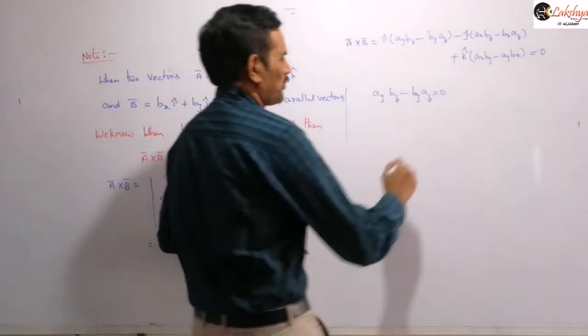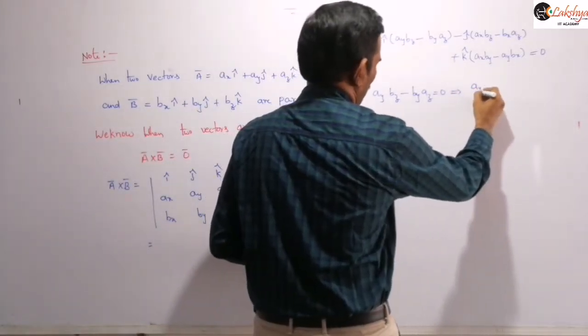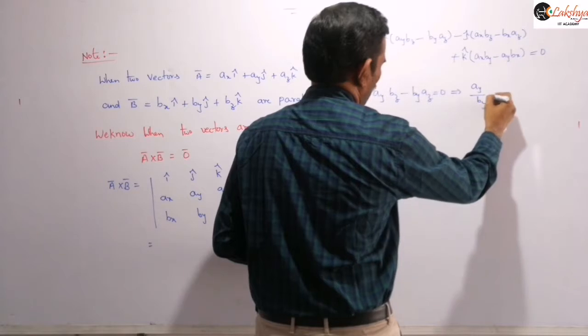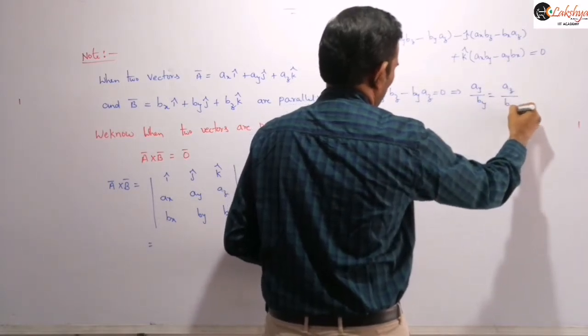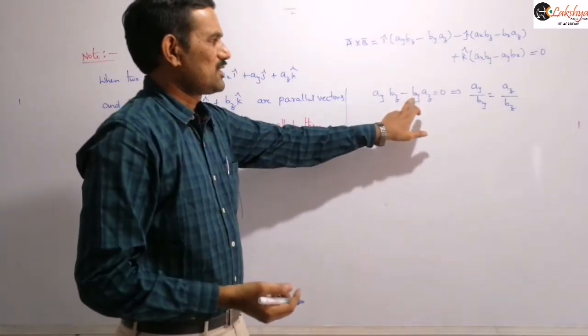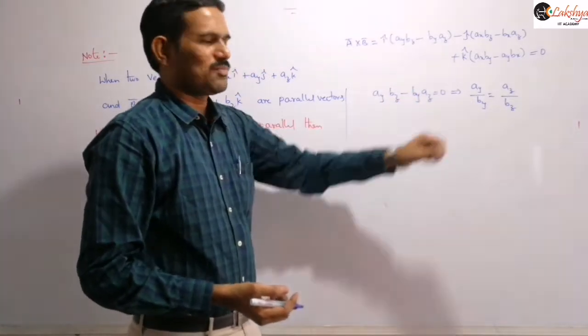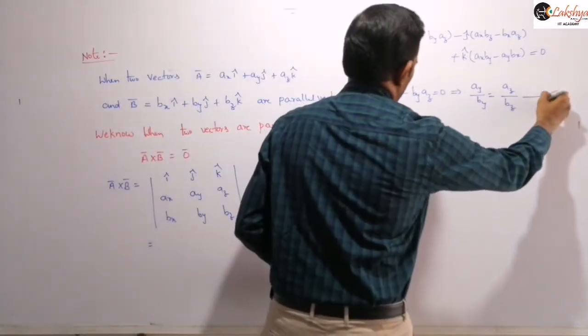From this we can write Ay by By is equal to Az by Bz. Just observe that these two are equal: Ay by By is equal to Az by Bz. Let's suppose this is equation 1.